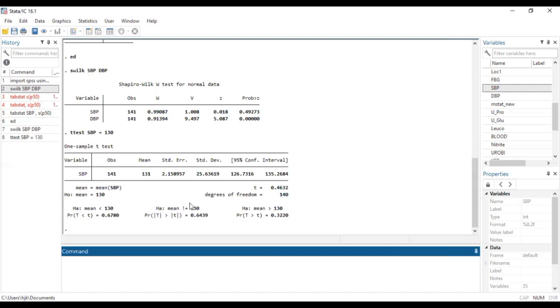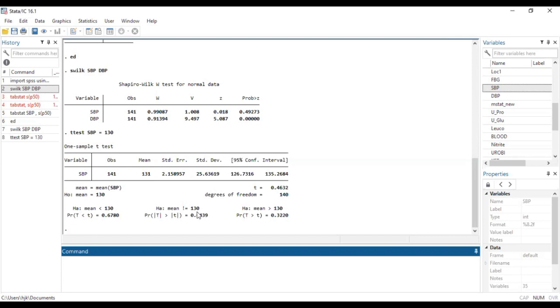So that is what we can make from this information we have here. Our data mean is 131, and the hypothesized mean is 130. Generally 130 and 131 are the same. And so we fail to reject the null hypothesis that there's no difference between our variable and the hypothesized mean.